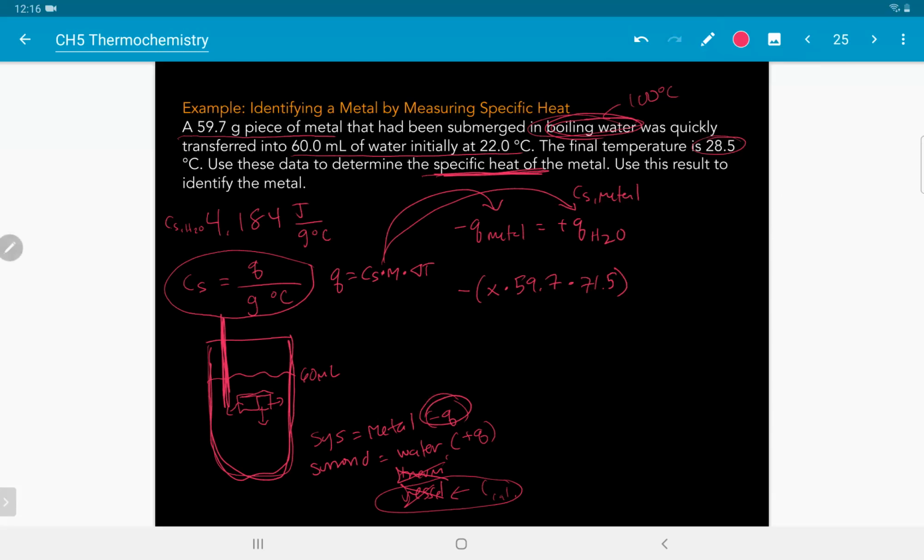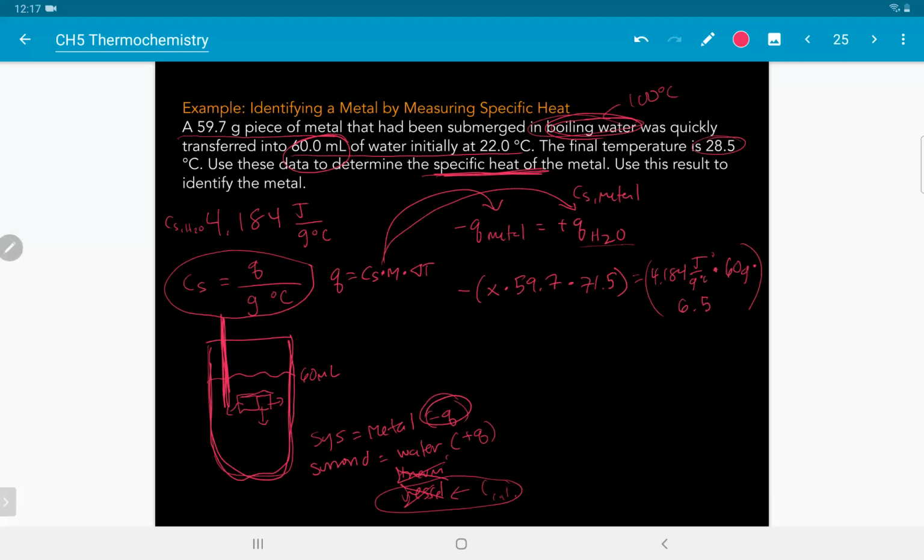So that equals the positive Q of water. That's 4.184 joules per gram Celsius times the mass of the water. We have 60 milliliters of water. Wait a minute, the density of water is 1 gram per milliliter, so if I have 60 milliliters, that means I have 60 grams, times the change in temperature of the water, which was 6.5.